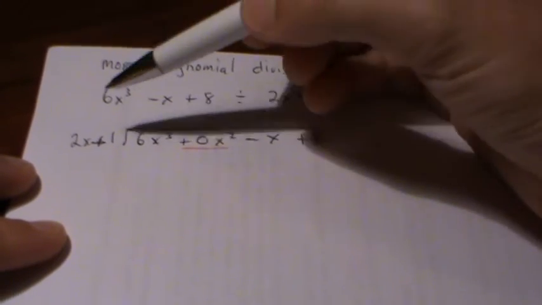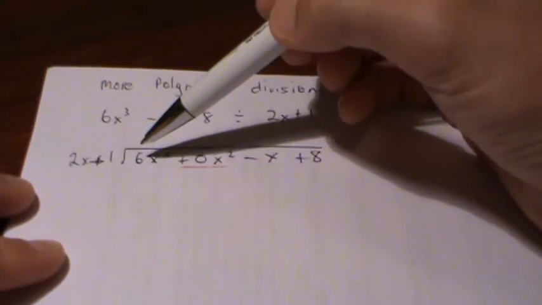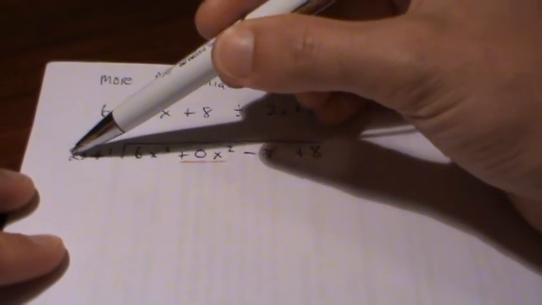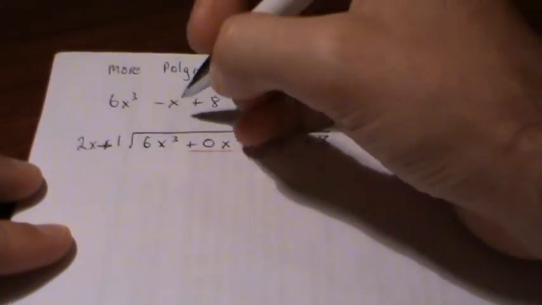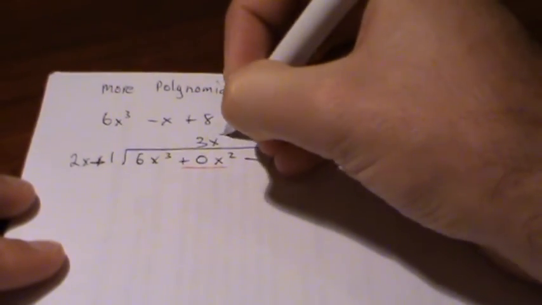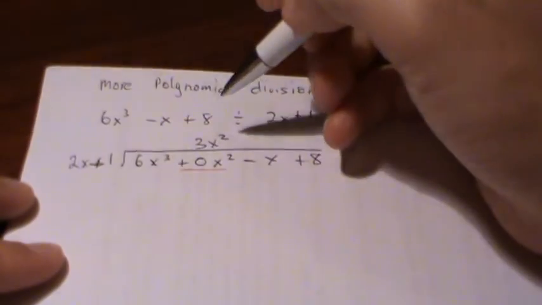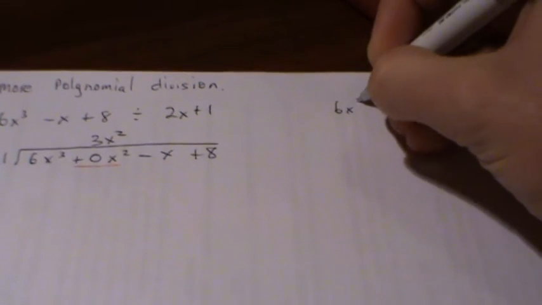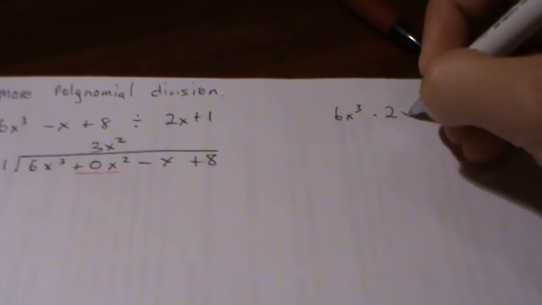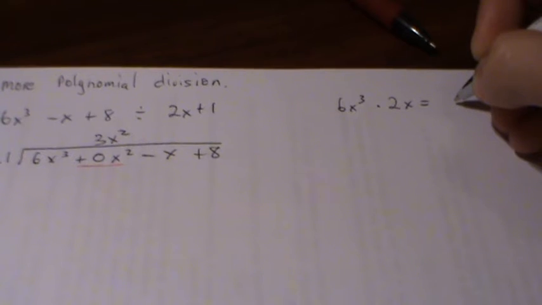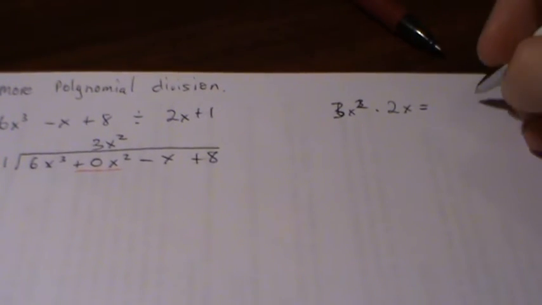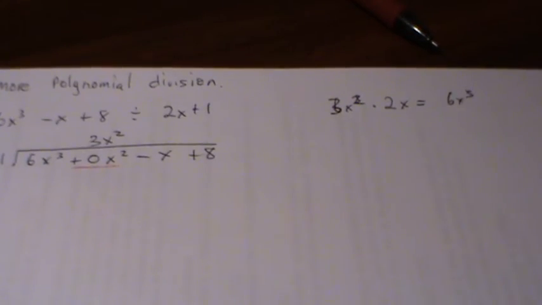And now we ask ourselves, what do I multiply 6x to the third by in order to get this to equal it? I'm going to multiply it by a 3x squared. It's 3 times 2 is 6, and x squared times x is 6x to the third, which I'll write over here. 6x to the third times 2x is, 3x squared is actually equal to 6x to the third.